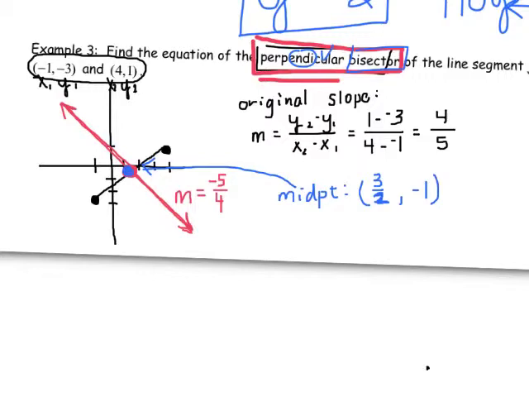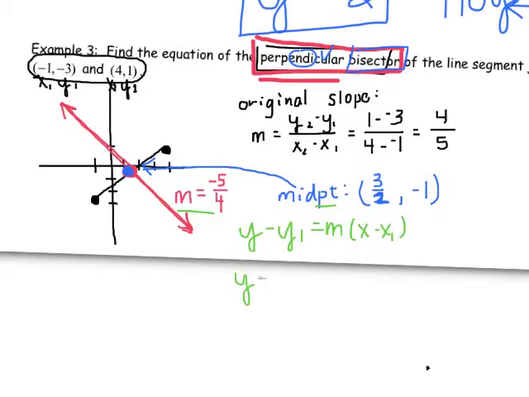All right, so I know the point I want to pass through, and I know the slope I'm going to use. So I've got point slope. Once again, I'm going to use the point slope formula. When you have a point and you have a slope, you use the point slope formula: y minus y1 equals m times x minus x1.